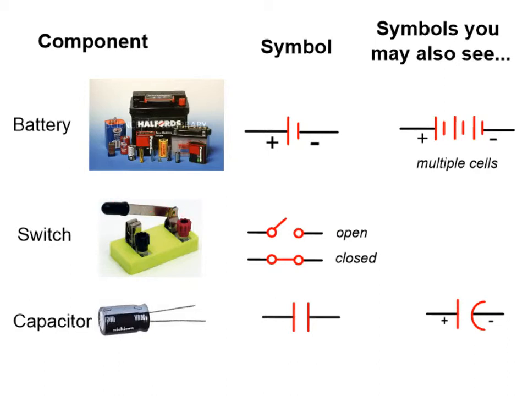This switch is open right now. If this is brought down so that it connects with this metal piece here, it is a closed switch. A capacitor, we can see one that looks like this, or the parallel plate capacitors as well. Those are a different kind of capacitor, but capacitors are symbolized like this. You might see them like this sometimes as well.